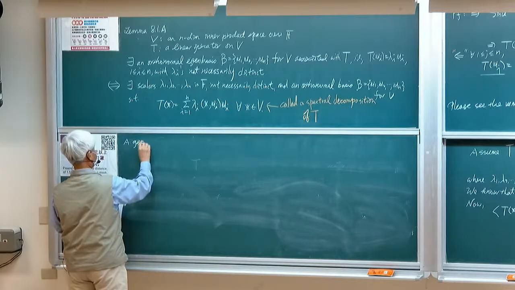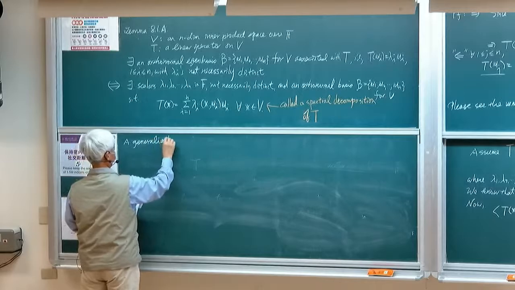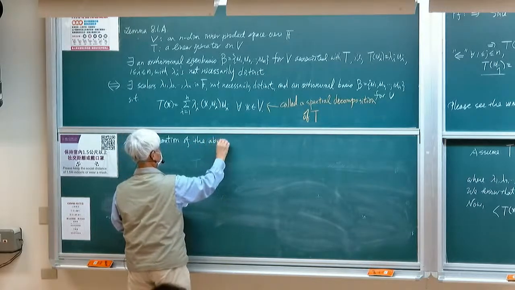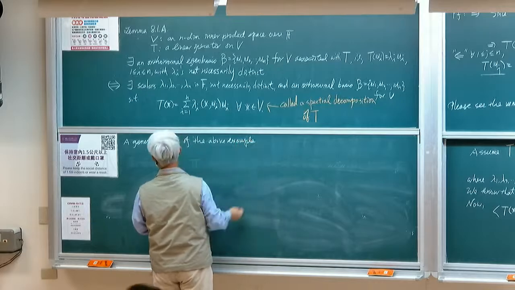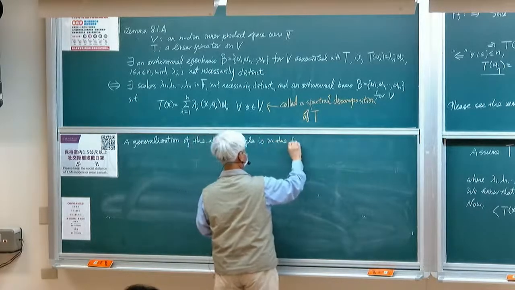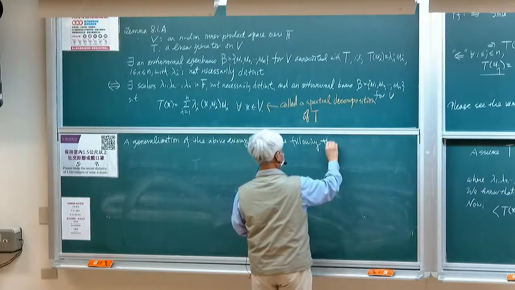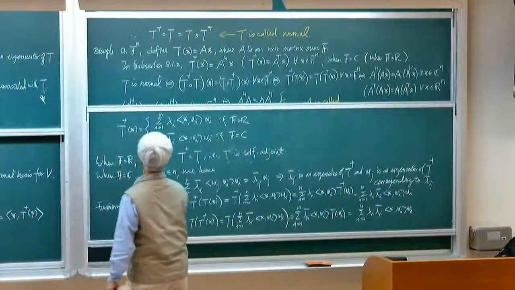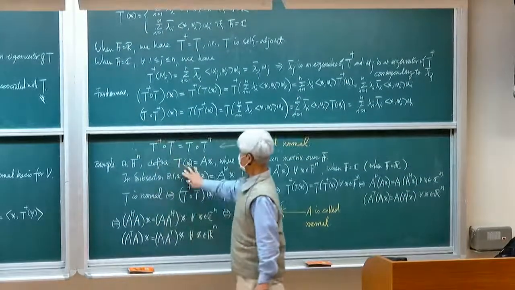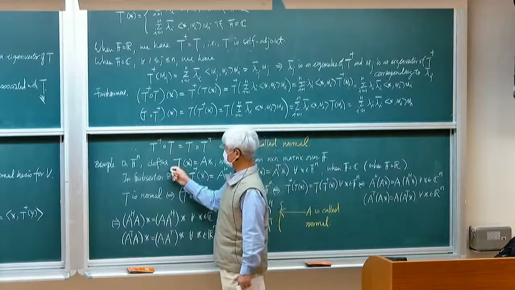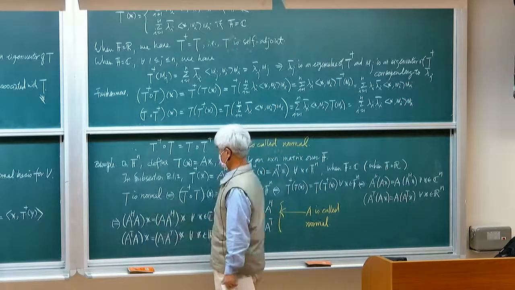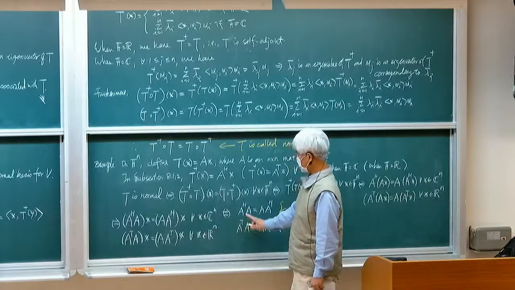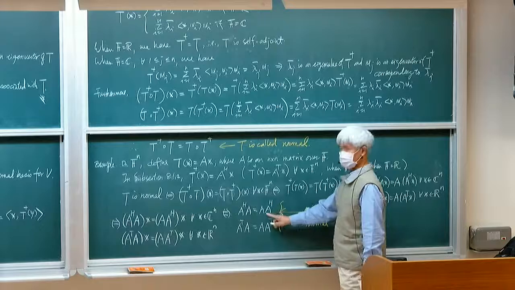Now, a generalization of the example shows that a linear operator on an n-dimensional Euclidean space is normal if and only if its matrix representation is normal.